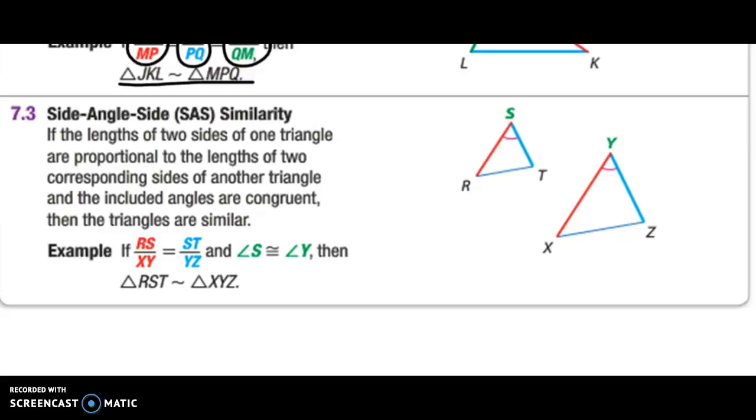Theorem 7.3 says the side-angle-side theorem. It says if the two sides SR, YX and ST, YZ are proportional and my angles have to be the same, that proves that my triangles are similar.